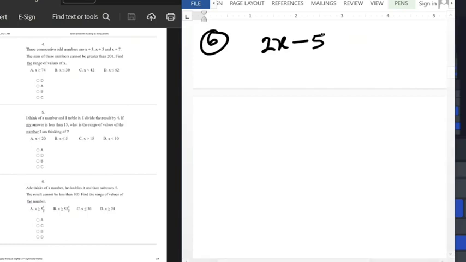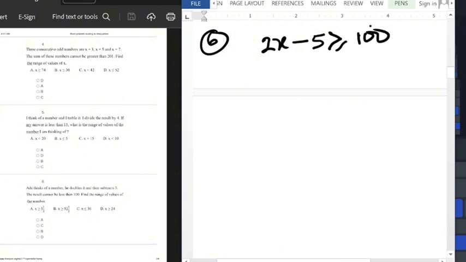When you use the words "cannot be less than," it means it is greater than or equal to 100. So that's the interpretation. That's going to be greater than or equal to 100. Is that clear?